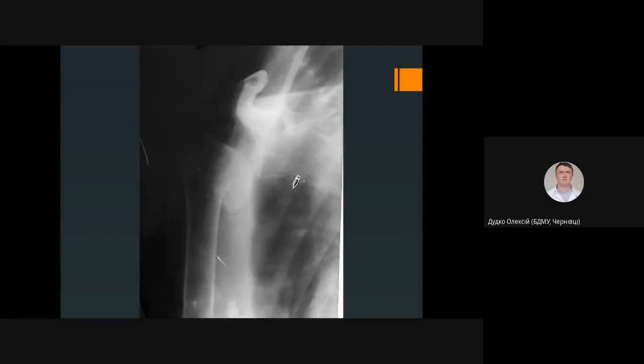Here we can see also an upper extremity injury, and that is the shoulder joint. We can see that this is an acetabulum, and this is the proximal humerus, and this is the head of the humerus.